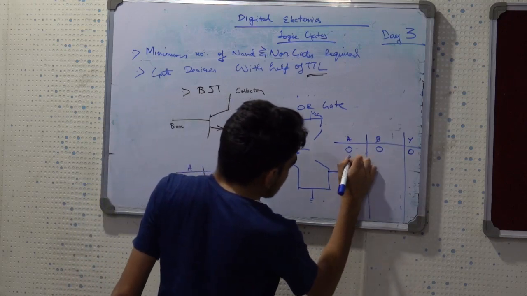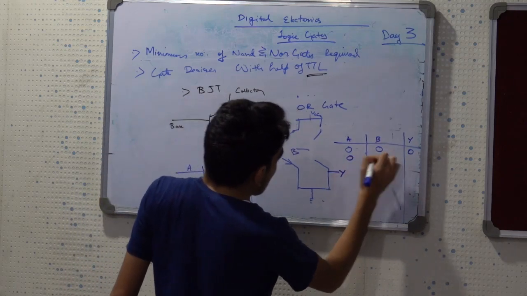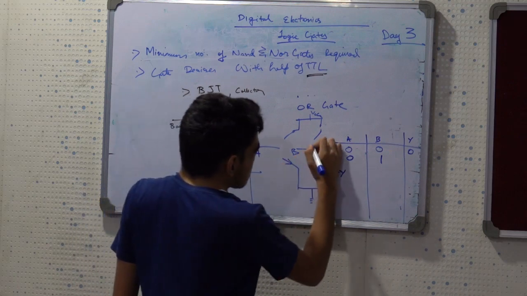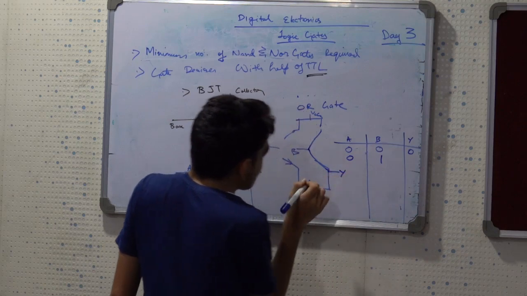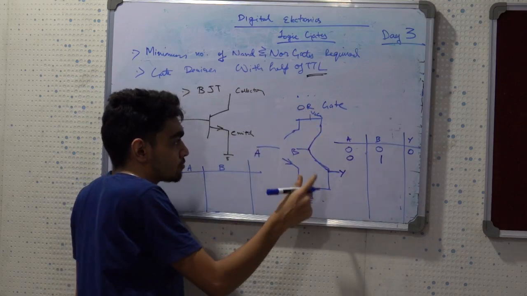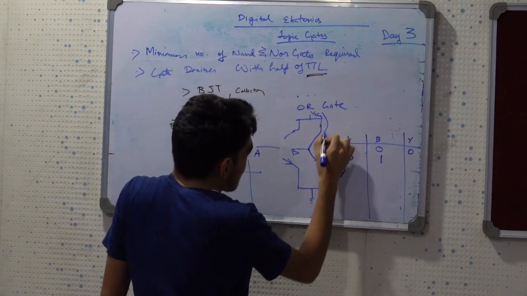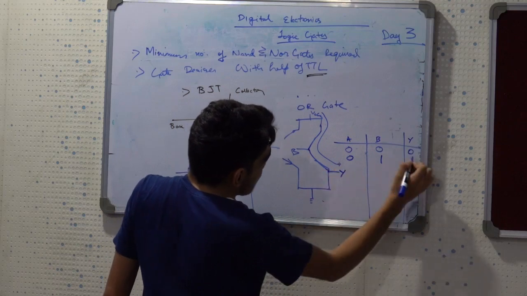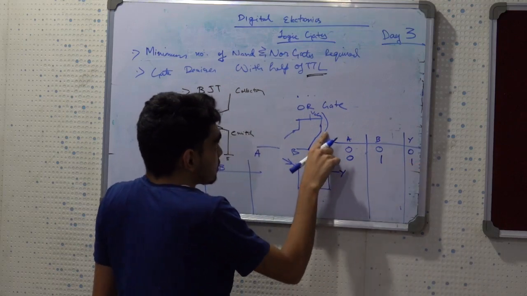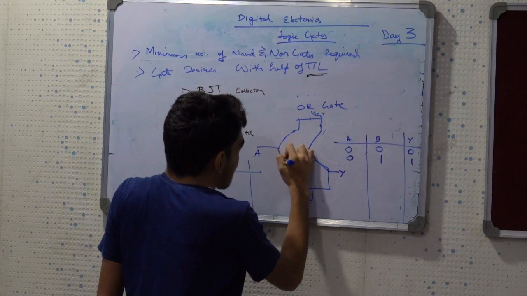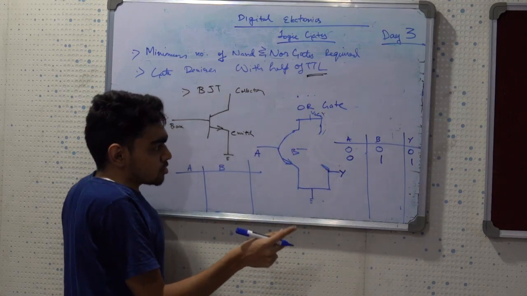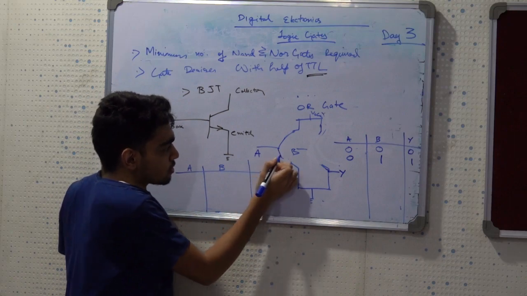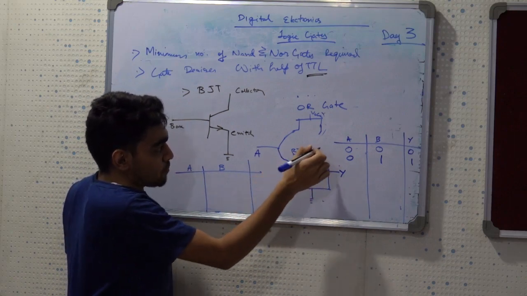Similarly, when A is low and B is high, this transistor becomes short circuited, and as the transistor becomes short circuited, the Y is high. Similarly, when A is high and B is low, this transistor becomes short and this transistor becomes open.